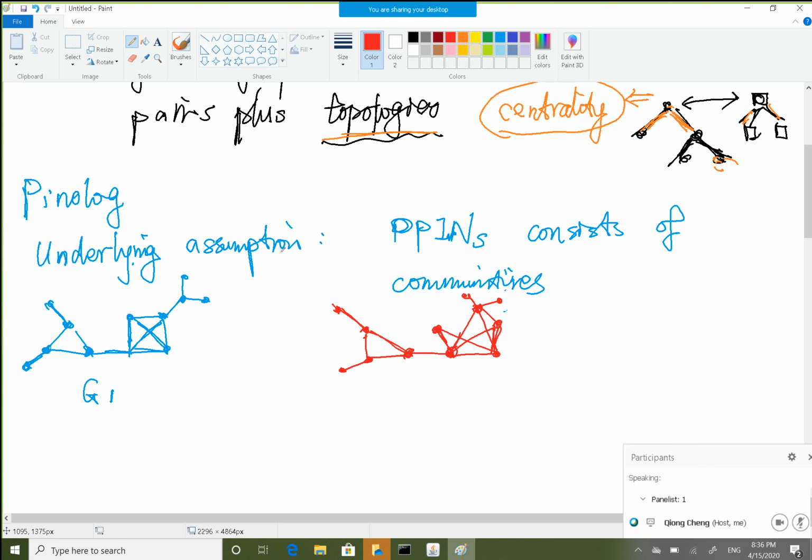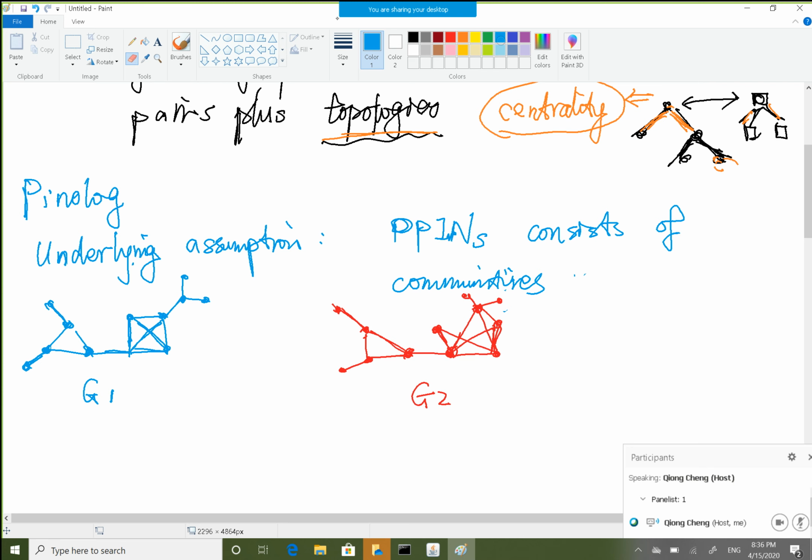Right? So this is G2. The worst thing about the PPI network is that it consists of many communities. These communities correspond to what we mentioned, strongly connected components.